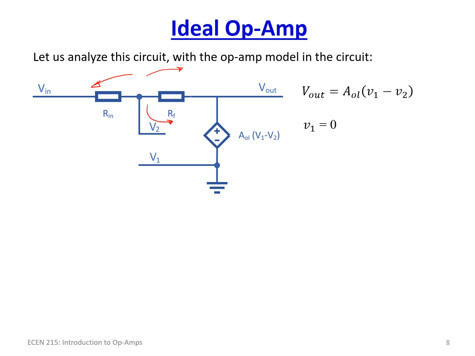So let's write an equation for this, where we have I1, I2, and I3. Using Kirchhoff's current law, for the node V2, I1 plus I2 plus I3 must be equal to 0.